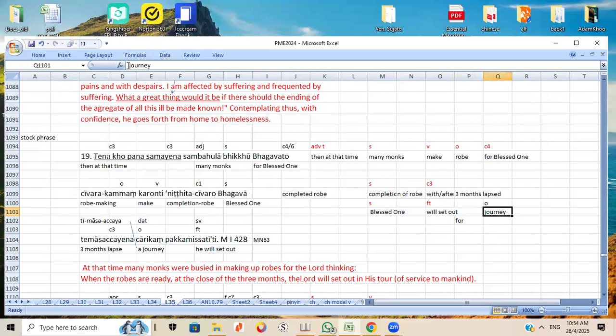So for all these prepositions, you remember the rules during your translation.